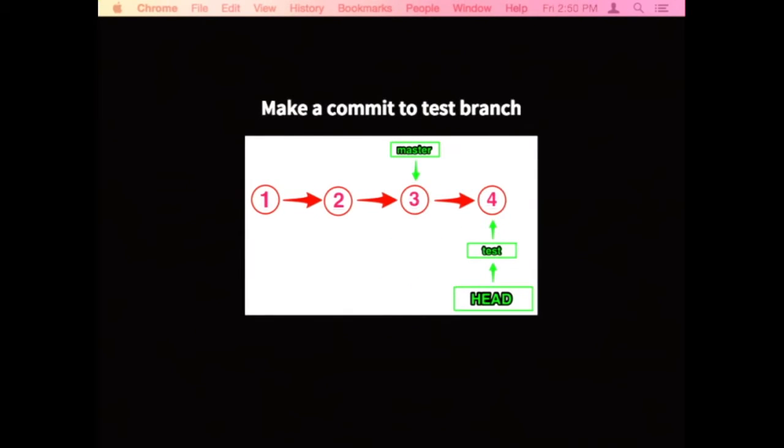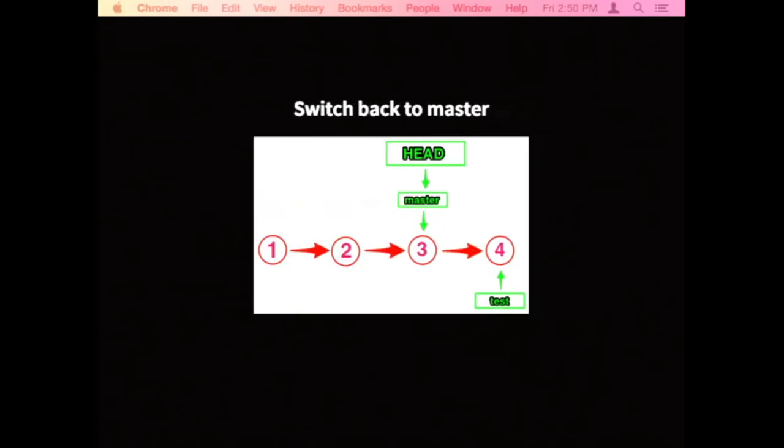Here's what happens. The master branch stayed back at the third commit, and now our test branch has a new commit on it, the new experiment that we were doing. We changed all the links to be yellow or something horrible like that. Well, we don't like that the links are yellow, so we switch back to the master branch. Now HEAD points back to master, and we're done.